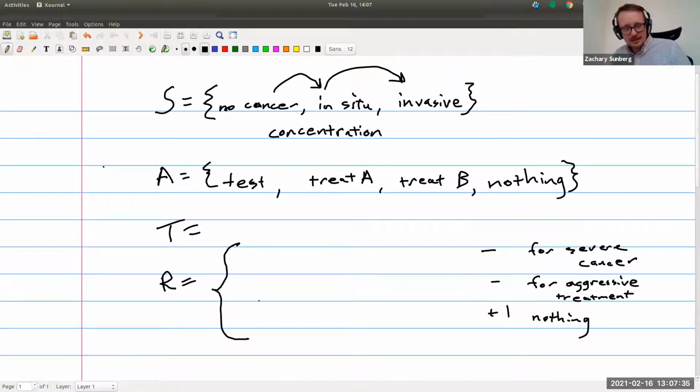Question: can we combine the actions, like making the reward function a function of the state and the action? It shouldn't be as bad if the cancer is severe and you're taking actions to cure the patient, as opposed to having severe cancer and doing nothing.